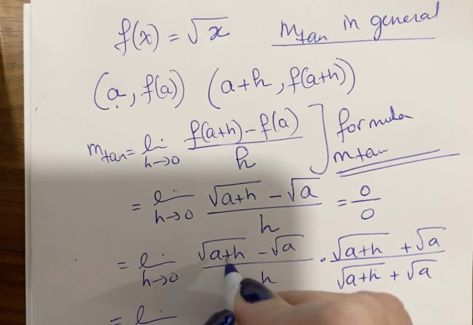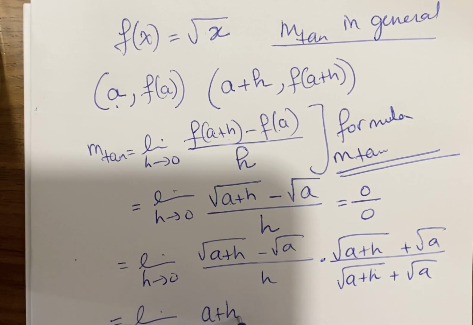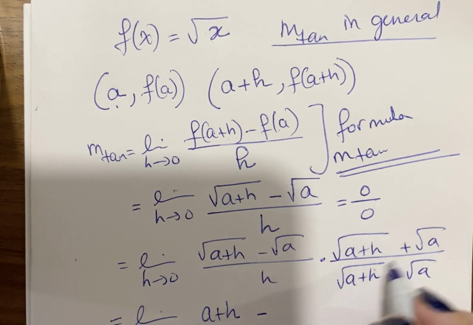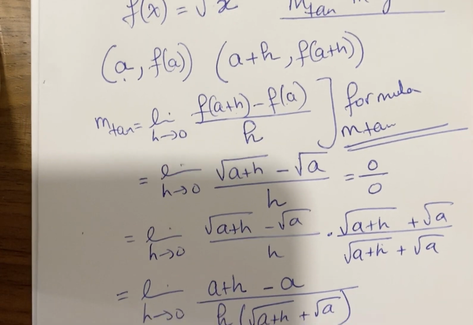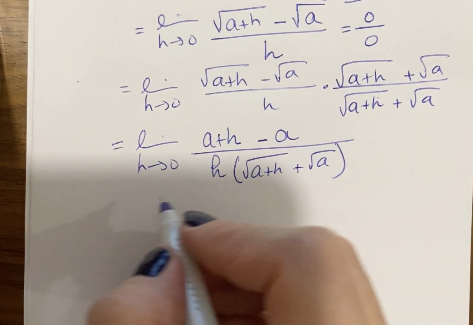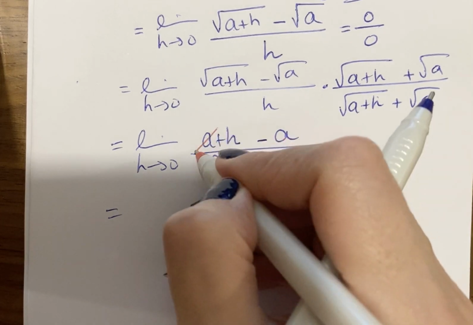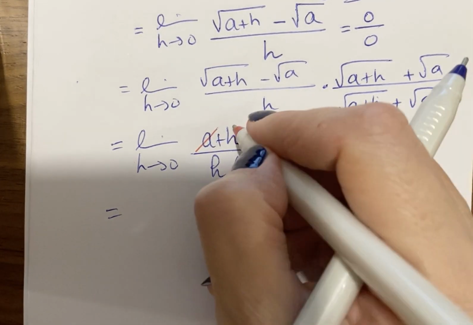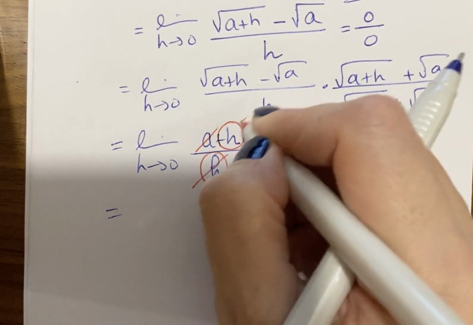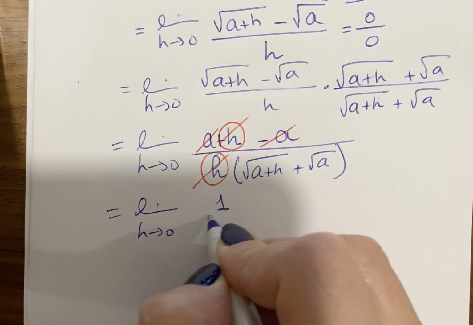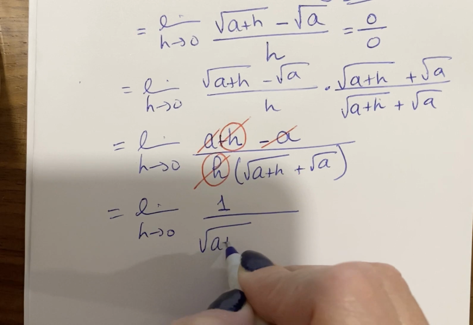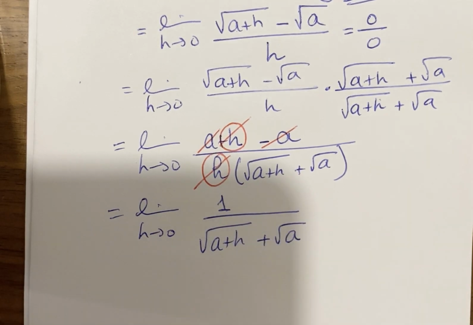Simplifying, this gives me root a plus h squared is a plus h, minus root a squared is a, over a minus a. Cancel first. I'm left with h over h, which cancel second. What do we have left? Upstairs we have 1. Downstairs we have this.